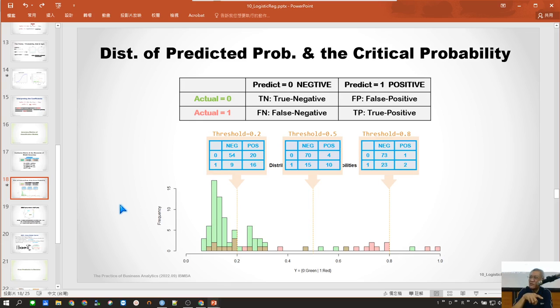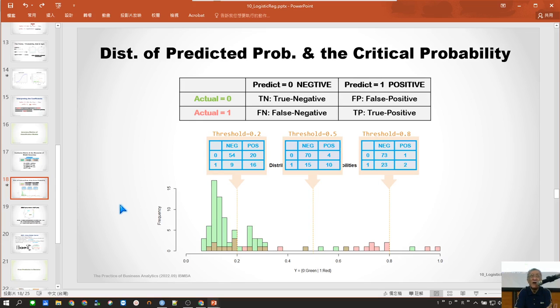That probability is actually lower than 1%, maybe 0.5%. So in that case, using accuracy is not a very good measurement.